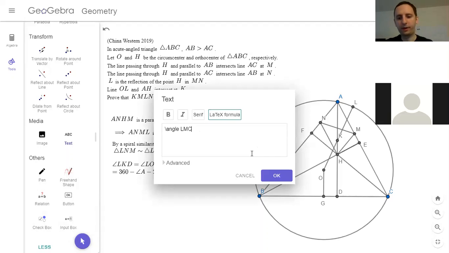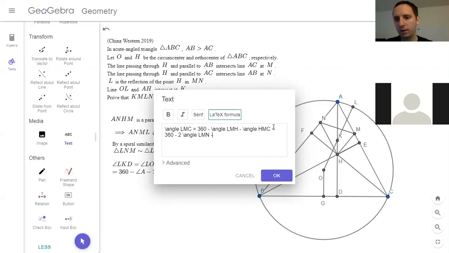So we have angle LMC is 360 minus angle LMN minus LMH, and then I replace that with twice LMN, minus angle HMC, which is 360 minus twice angle LMN minus HMC.